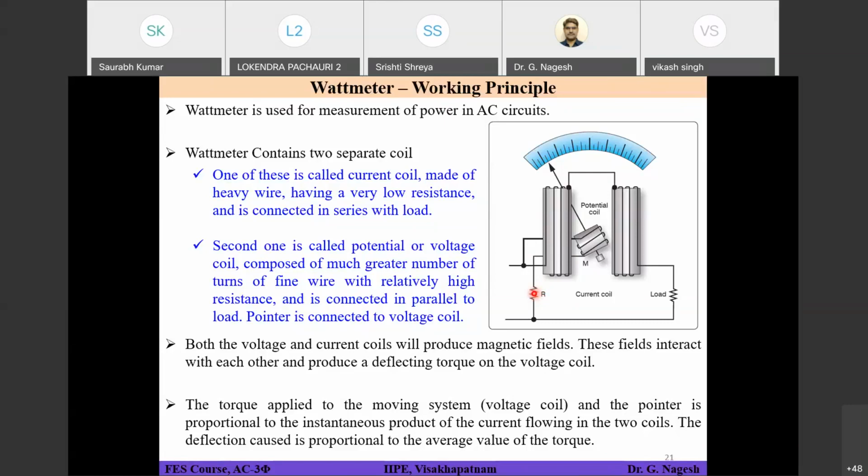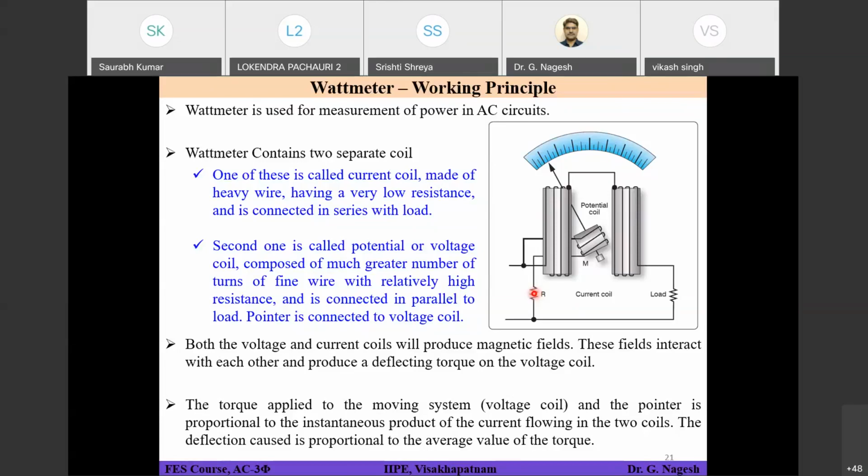Yes, sir. Sir, what is the pointer made of? Pointer is nothing but a needle. Like in a watch, there will be some needle, right?